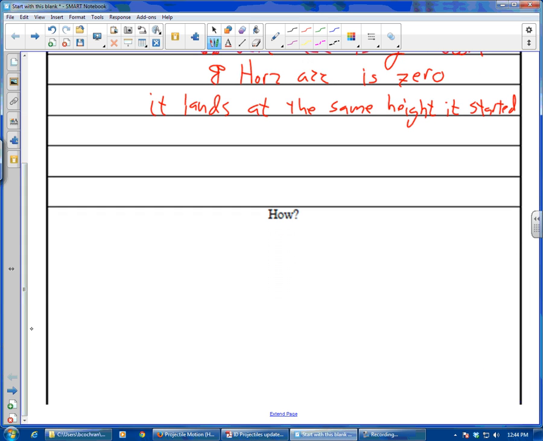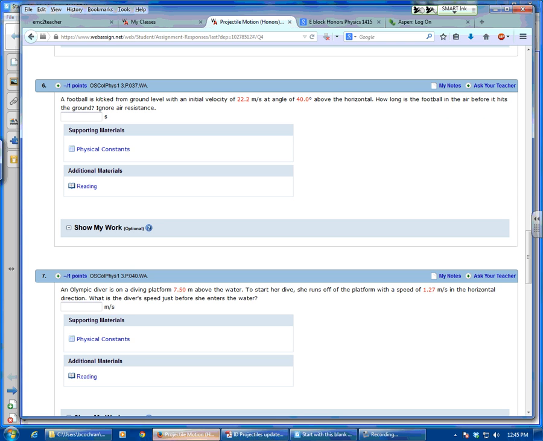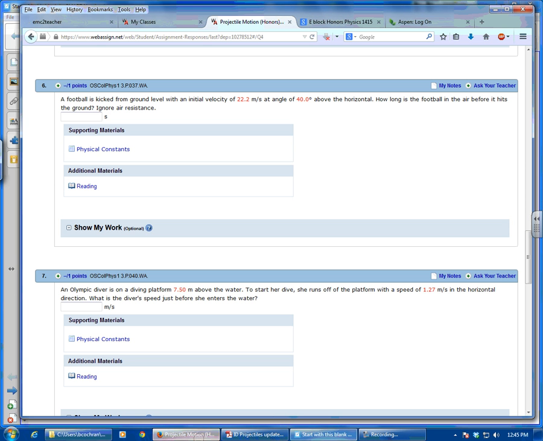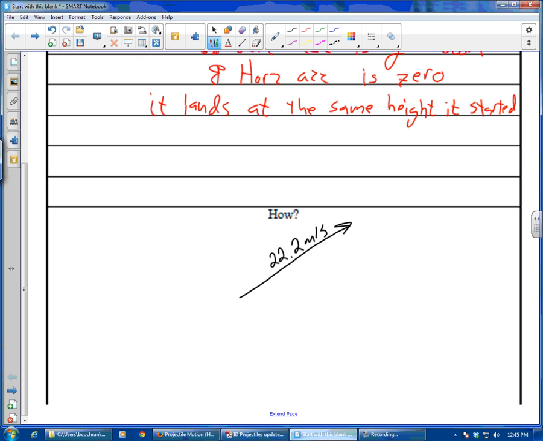But all right, I want to separate it into the horizontal and vertical. I need to first separate my initial velocity into the horizontal and vertical, and I do that by knowing that it's 22.2 meters per second, and it's at an angle of 40 degrees to the horizontal.